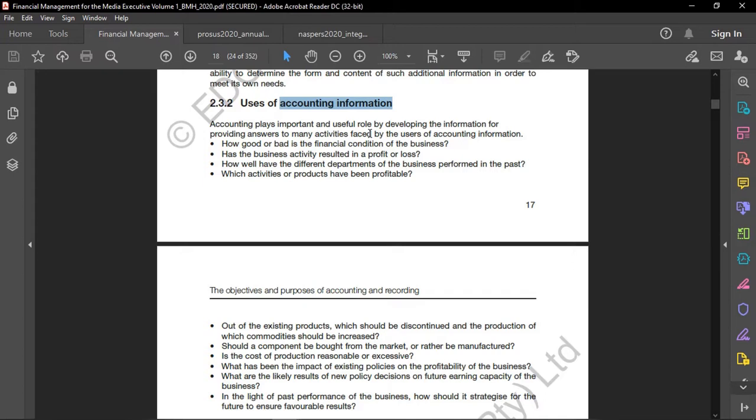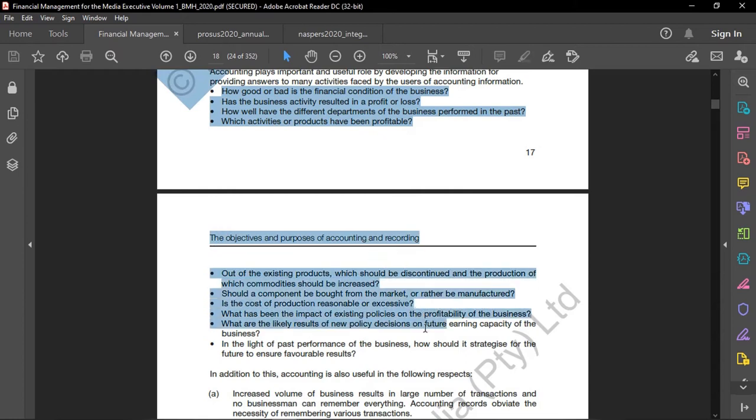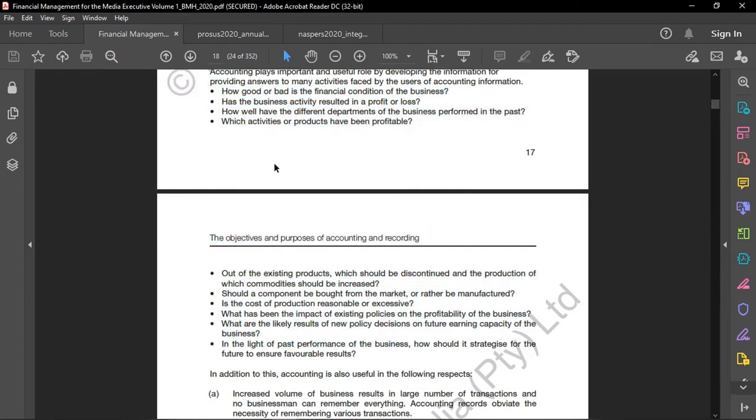So when you look at accounting, you'll see that the actual textbook has provided you with different questions regarding the use. So if you're looking at accounting playing a very important role in creating information that people can use, how do people use that information to their benefit? So I'd like you to choose one of these questions.